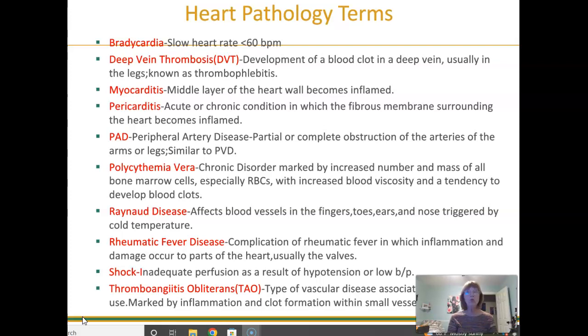What are RBCs? Red blood cells. With increased blood viscosity. What is viscosity? That is thickening. The blood gets thicker, and a tendency to develop blood clots. So this is pretty serious too.